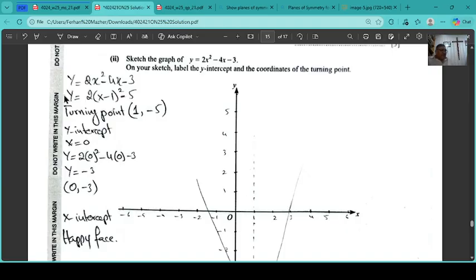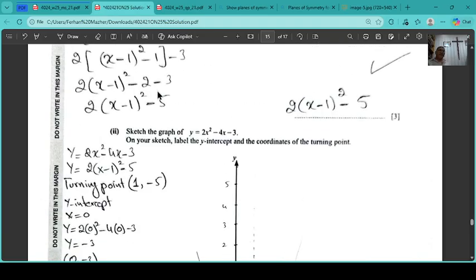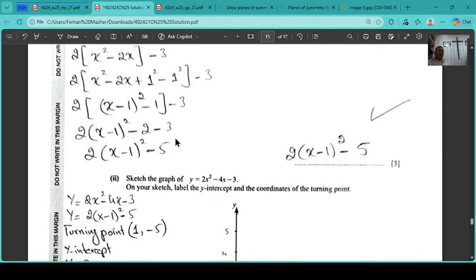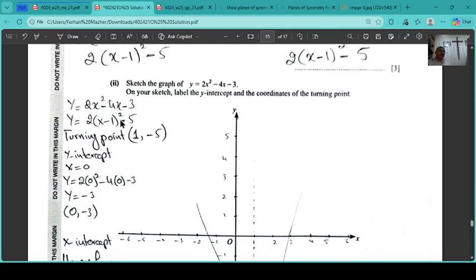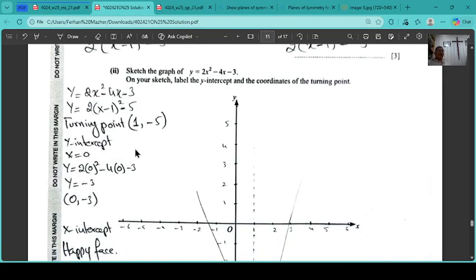I have converted this with the help of the completing the square method, and you can see where I got this expression from. I told you that this shape actually tells you the coordinates of the turning point of that parabola, of that quadratic graph when you draw it.